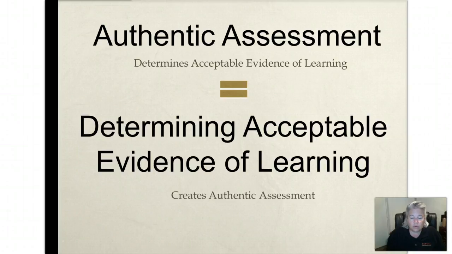Will it be through the use of authentic assessment? If you look at this slide, authentic assessment determines acceptable evidence of learning. Or you could say, by determining what acceptable evidence of learning is in your course, you can create authentic assessment.